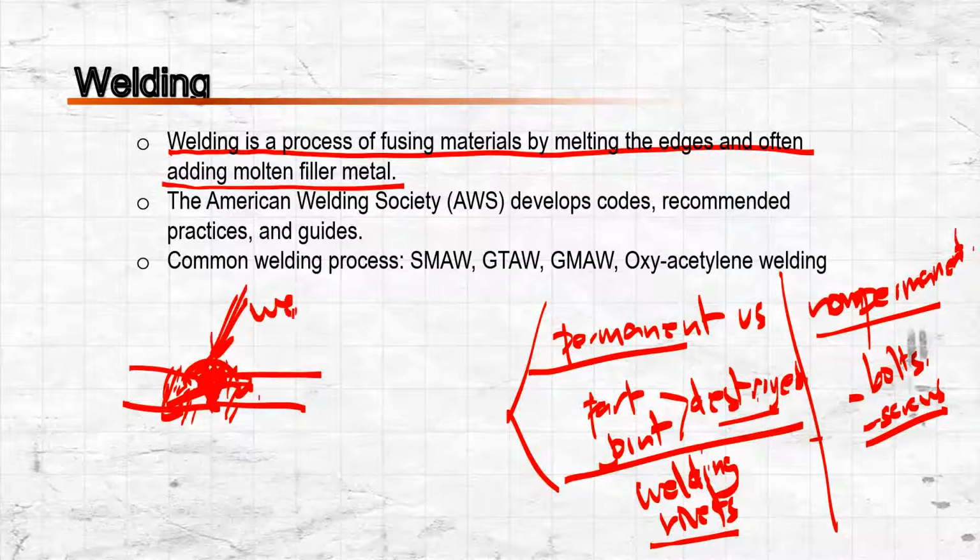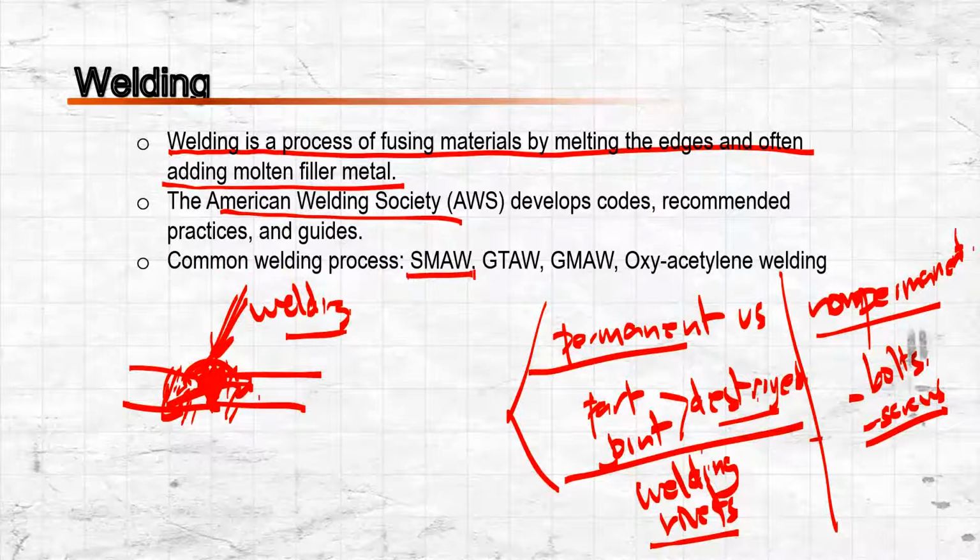That's the welding process. For the codes and standards for welding, you can check the American Welding Society, because they develop codes, recommended practices and guides regarding the welding process.